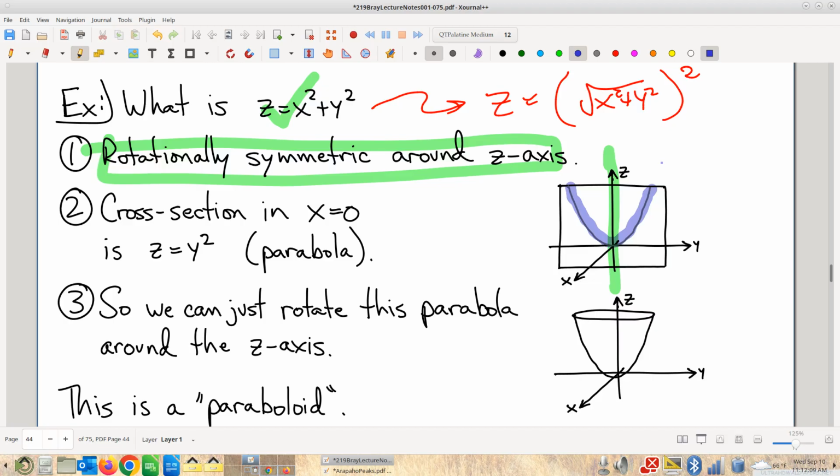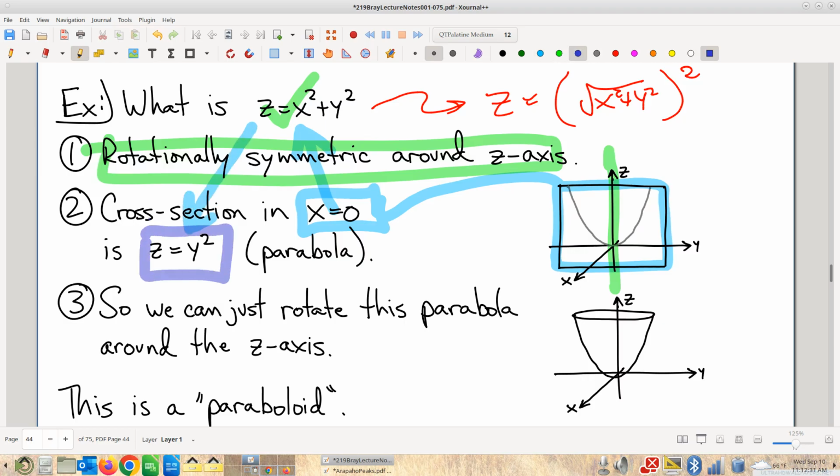So how do I know what that curve is? Well, pick your favorite plane containing the rotation axis. I'm going to use x equals 0 for no particular reason. Plug that in. See what comes out.